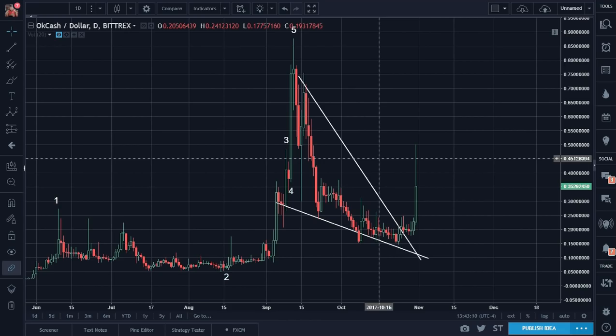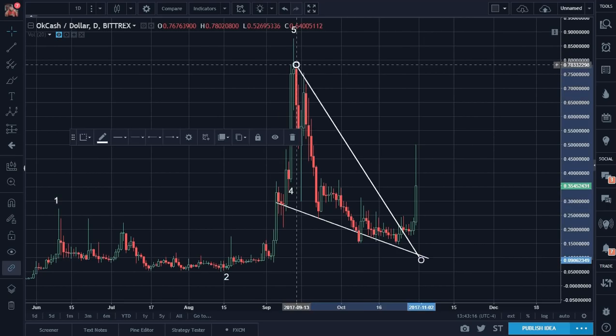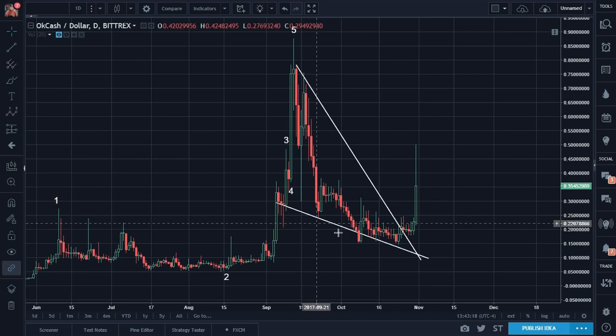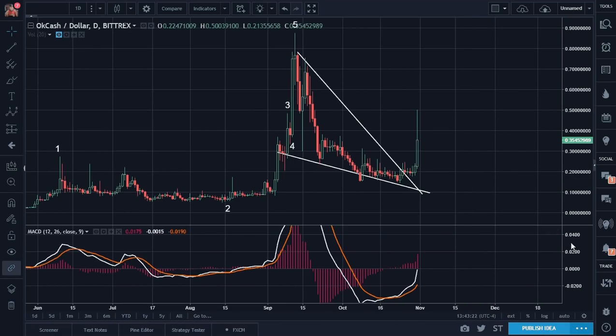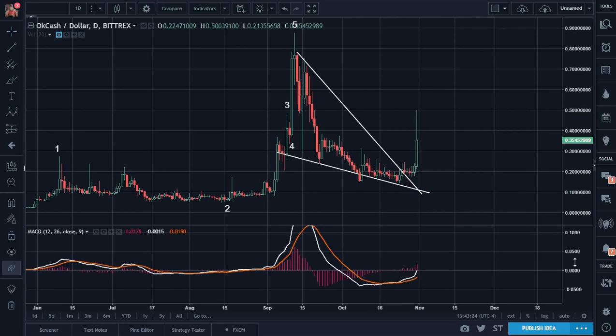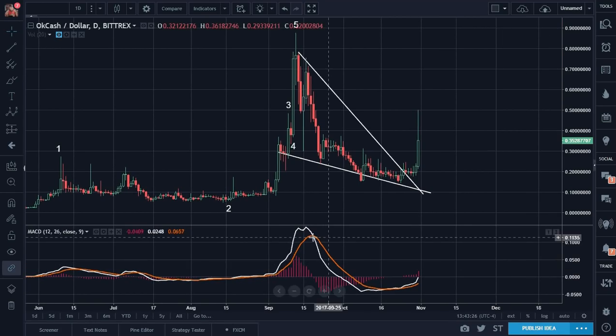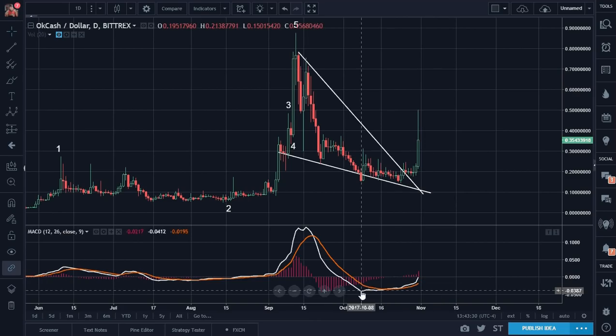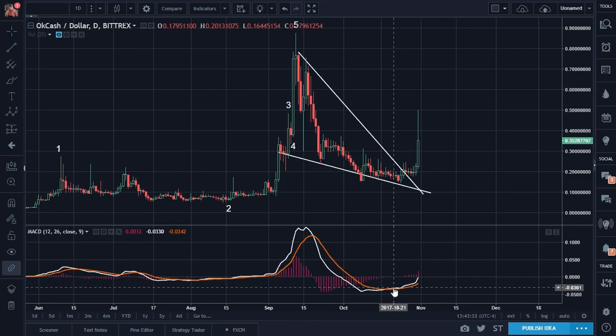And I use Elliott wave analysis, intricately combined with chart pattern recognition. And I use, in this case also, my favorite indicator, MACD. And look at this curling up, getting bullish. It crossed over here. You should have been almost fully laddered in when this crossed.